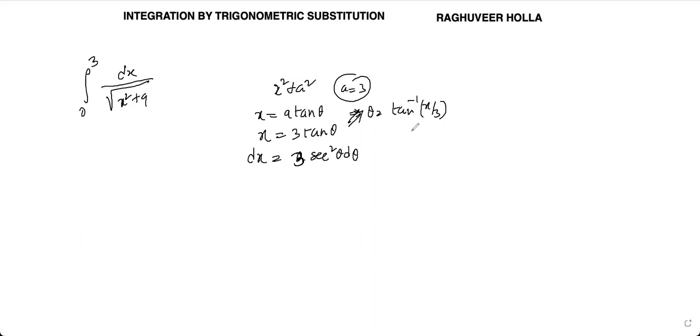Now, as we have changed x with respect to theta, when x is 0, theta will be 0. When x is 3, tan inverse 1, which is pi by 4. So theta is pi by 4. So your limits are 0 to pi by 4.